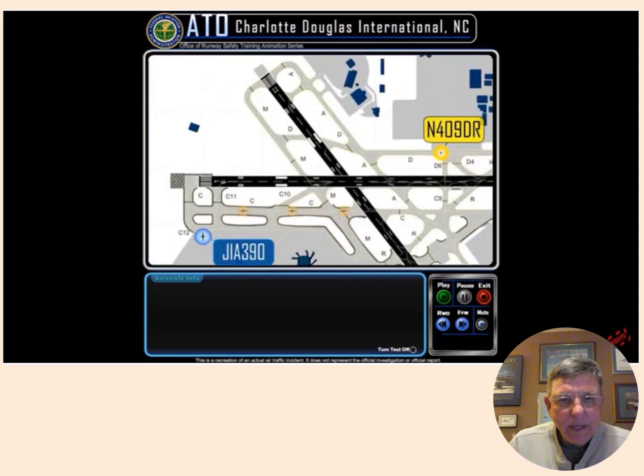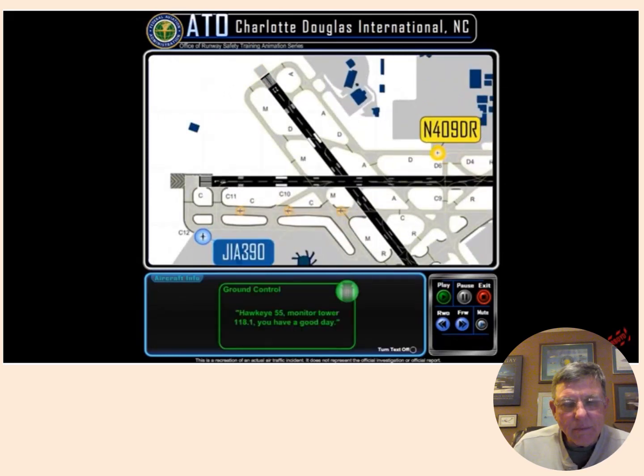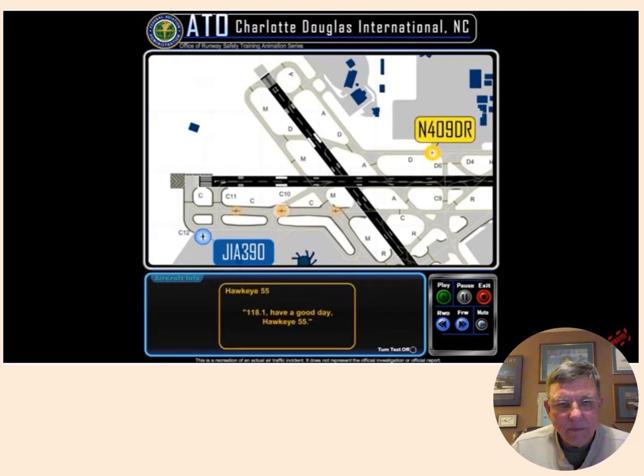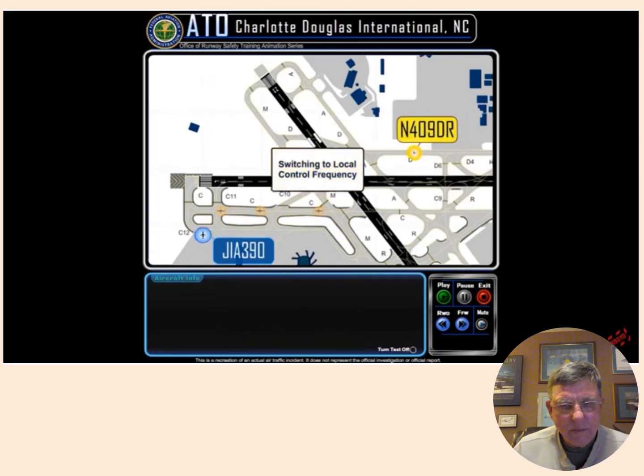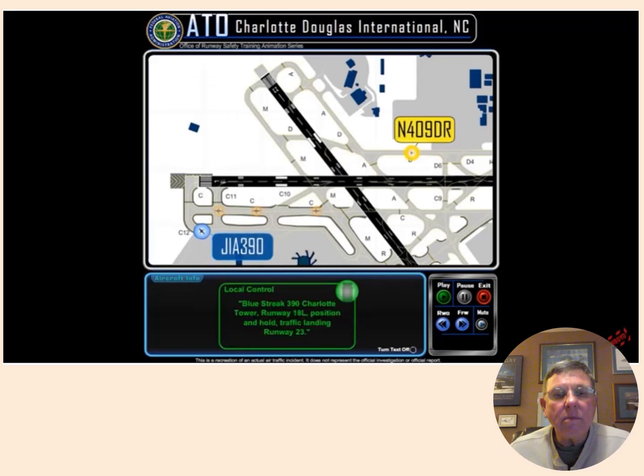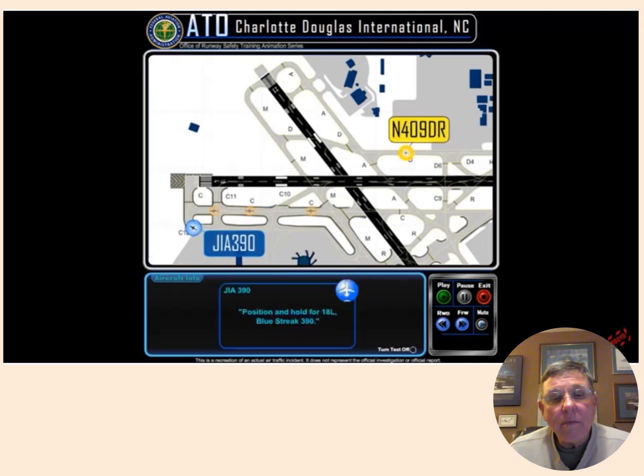Hawkeye 55, have a good day. You have a good day, Hawkeye 55. Push it 390, ready for taxi now. Push it 390, taxi 18 left, and switch to power. Alright, 18 left and power, 390, thank you. Blue Streak 390, Charlotte Tower, 18 left, position and hold, traffic landing on my 23. Position and hold, 18 left, 390.